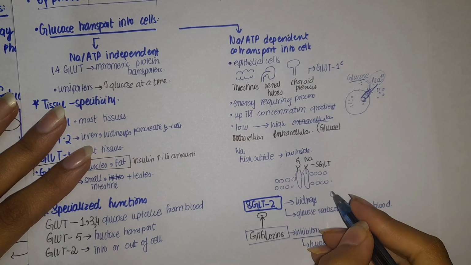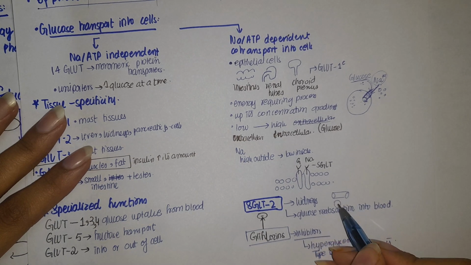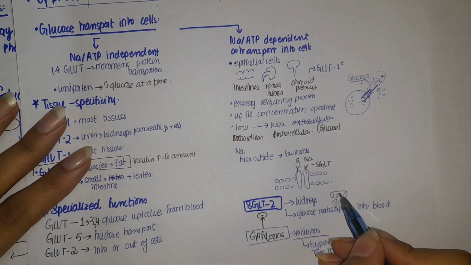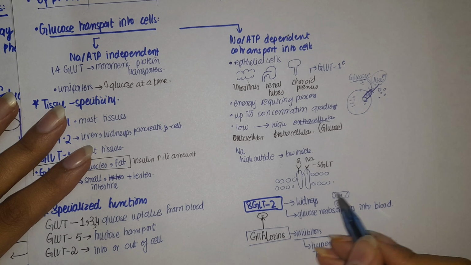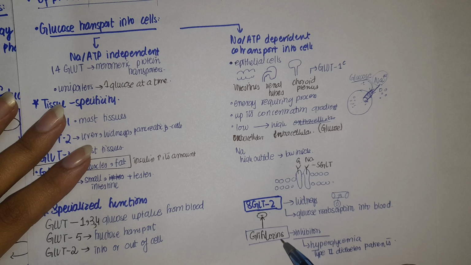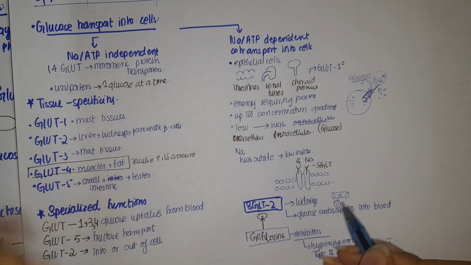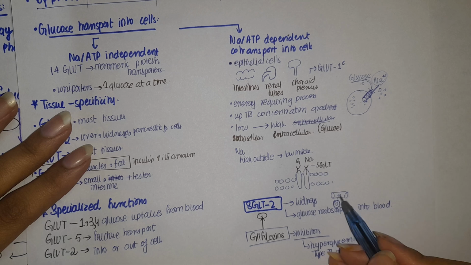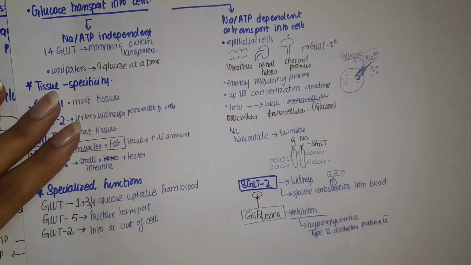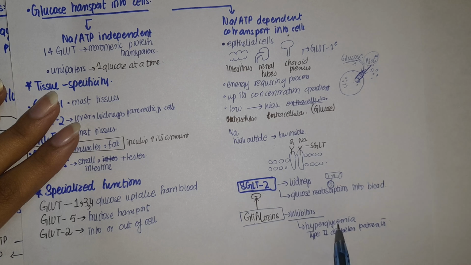It means that these SGLT2 will allow the glucose to go into the blood. But when there are SGLT2 inhibitors in the kidney, like gliflozins, what will they do? They will not allow the glucose to go into the blood. So they will be used to treat hyperglycemia. What is hyperglycemia? It is a high amount of glucose in the blood.